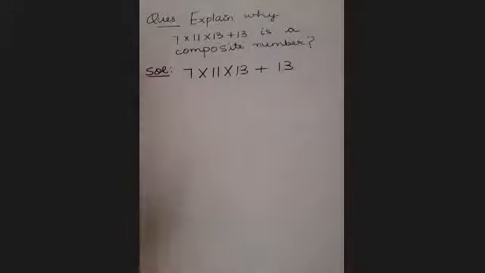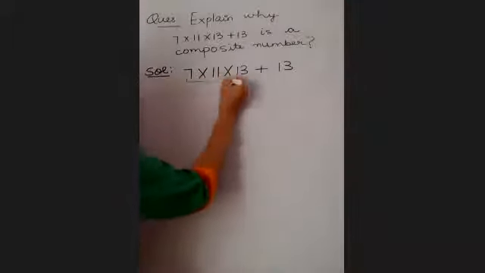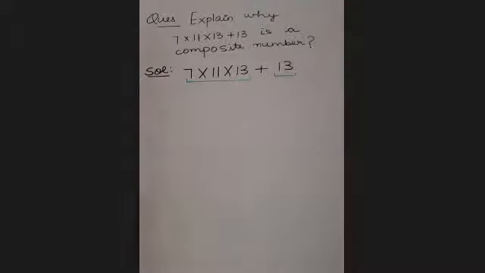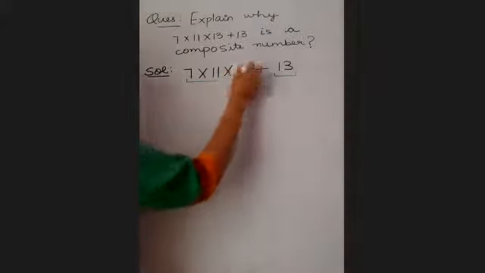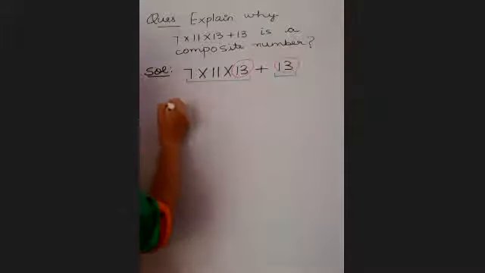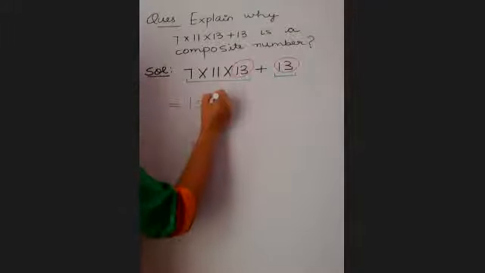So here we have 2 parts. One is this part, second is this part. Now any number that can be taken common from these two. So I am going to take 13 common.